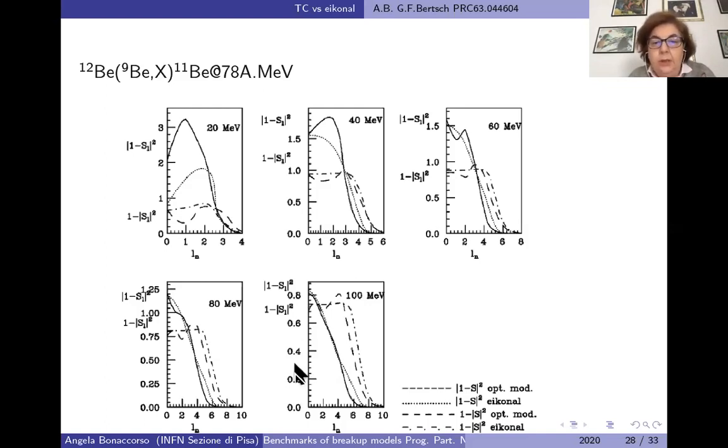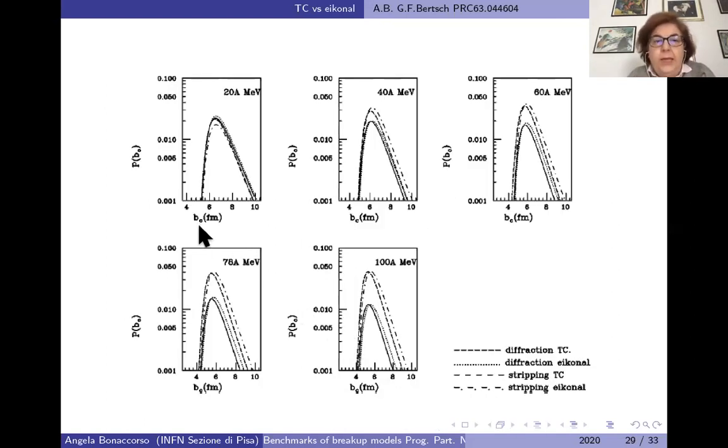And this we all know, I think. Even at 100 MeV, if you look at the two terms that we have for elastic breakup and inelastic breakup, this will be the term which gives the elastic, and this is the inelastic. There are always differences.